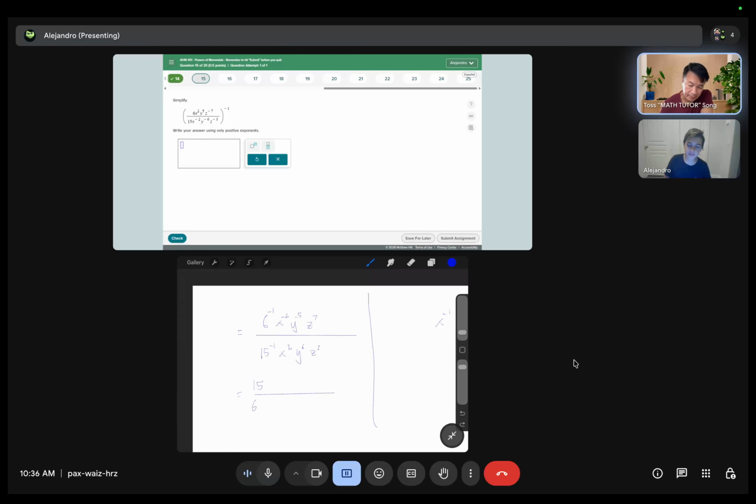Yes, on the denominator. Okay, now what about the y? The two y's combined? The y would be y to the 11th power on the denominator. You okay? Yeah, good.